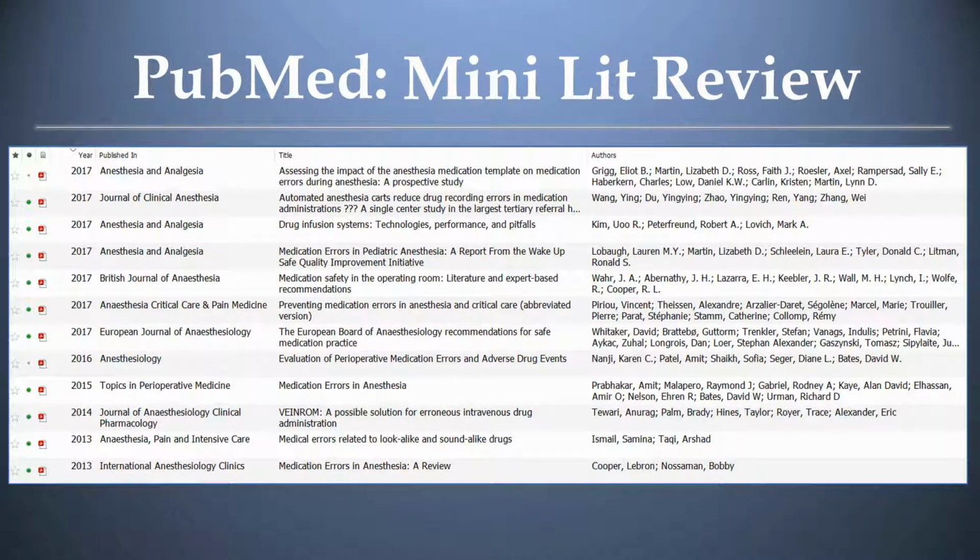I did a PubMed search with simple key phrases like medication administration errors in anesthesia, and I found dozens of articles. And ever since To Err is Human came out, there have been hundreds of studies about medication safety. This is just a screenshot from my beloved database that you all know I love, Mendeley.